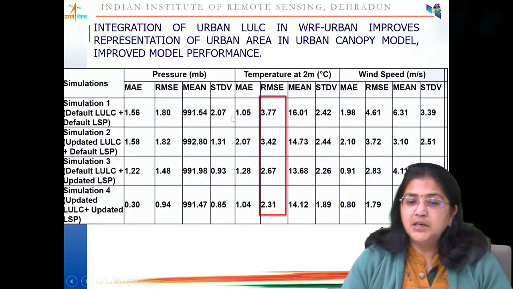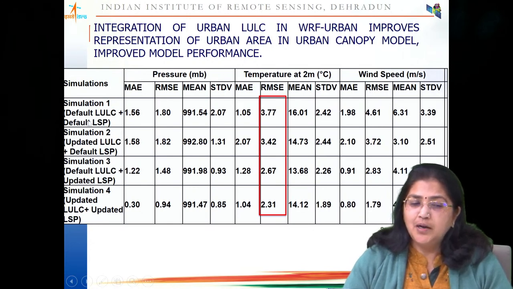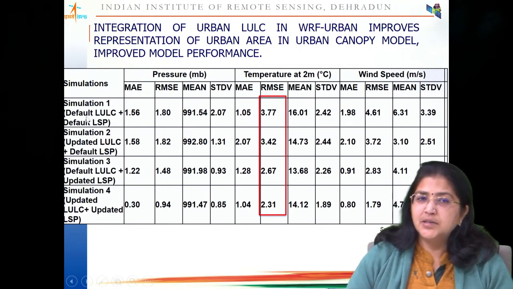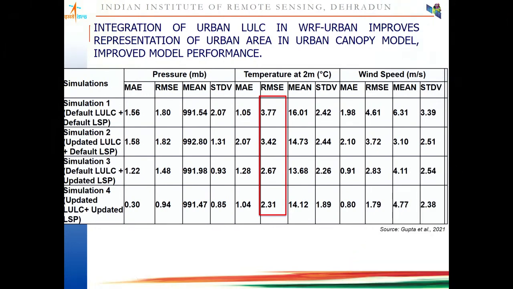In this study, 4 simulations were carried out. In simulation 1, we use the WRF model as it is, with all the land use land cover, the single urban built-up class, and land surface parameters kept as the default data set. In simulation 2, only the LULC was updated with the 3-class urban LULC, and in simulation 3, LULC was kept as default, but land surface parameters were updated to the simulation dates.